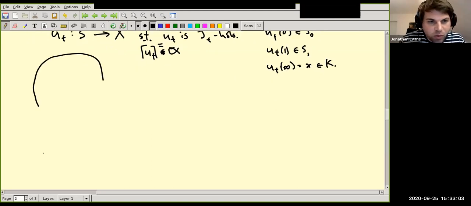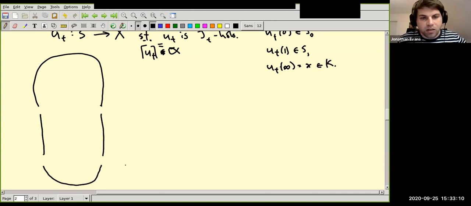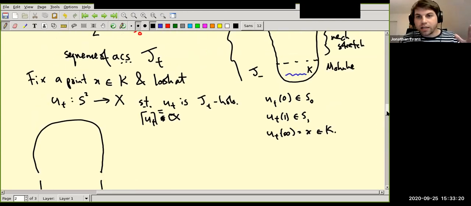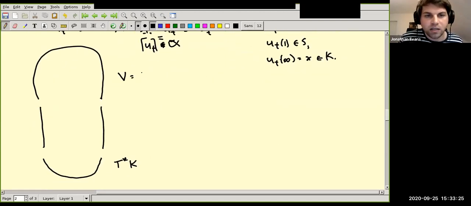So as t goes to infinity, you get this kind of picture where the manifold breaks apart into some pieces. The bottom piece will be basically a copy of T star of the Klein bottle. The top piece will be the symplectic completion of whatever you started with. And that turns out to be symplectomorphic to the complement of the Klein bottle. So I'm going to call it V. It's X minus the Klein bottle.